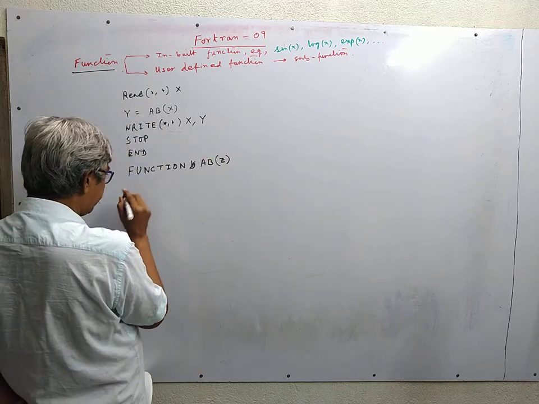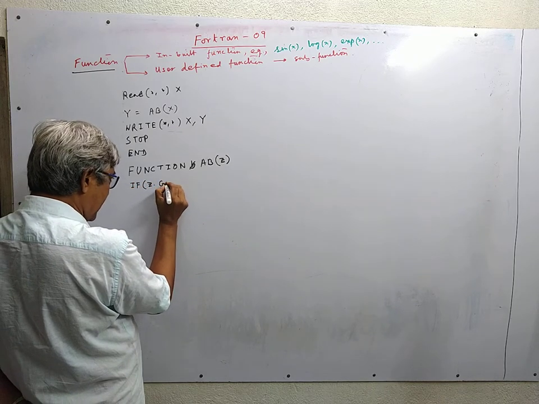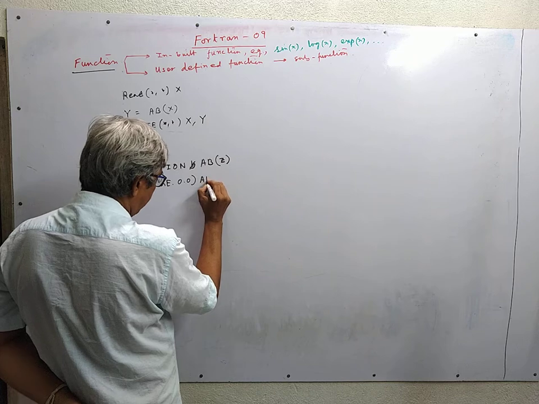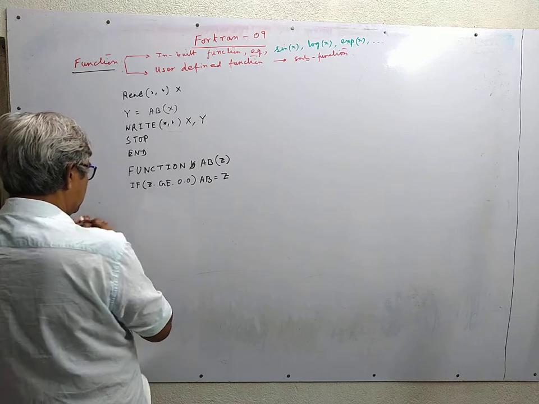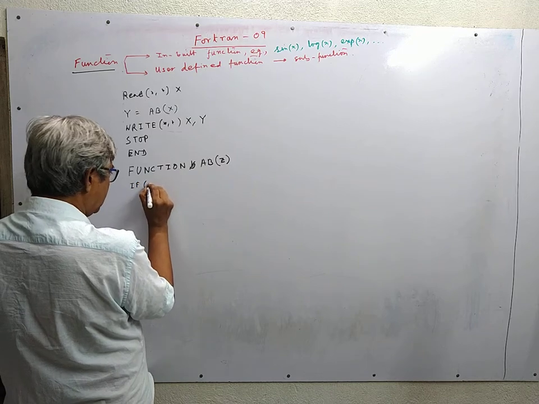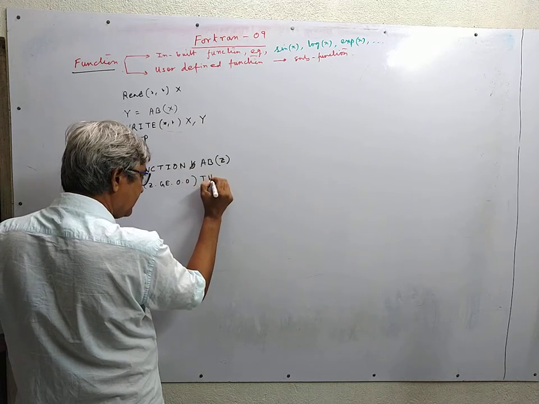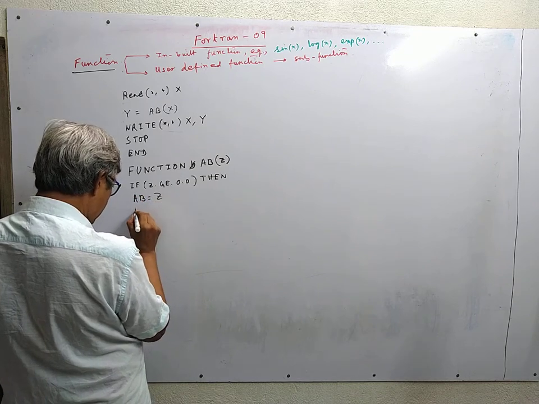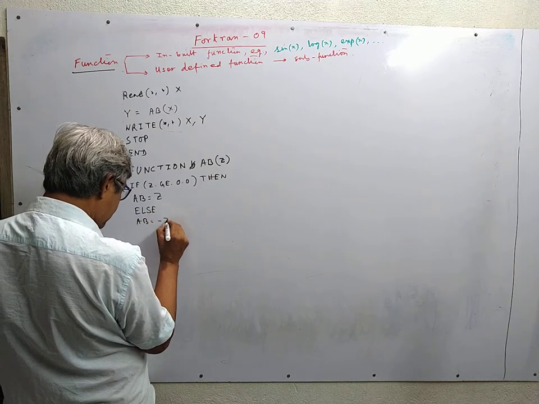Then we write: if z is greater than or equal to 0.0, then ab is equal to z, else ab is equal to minus z.